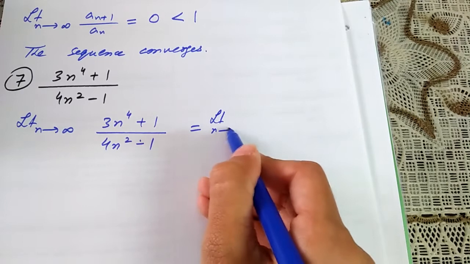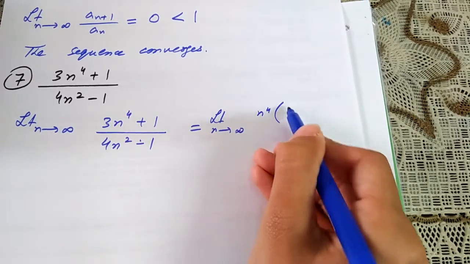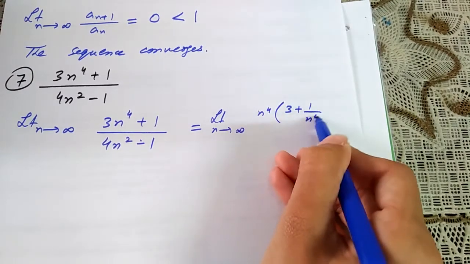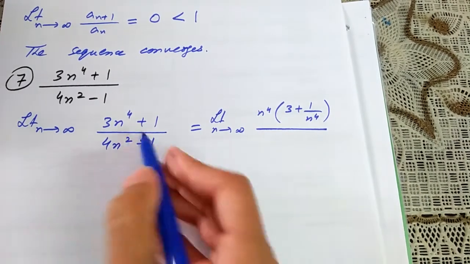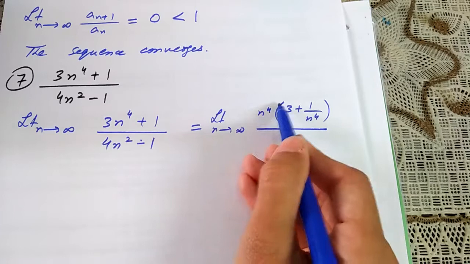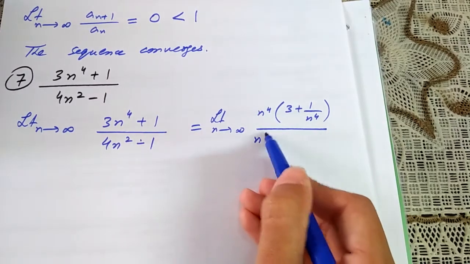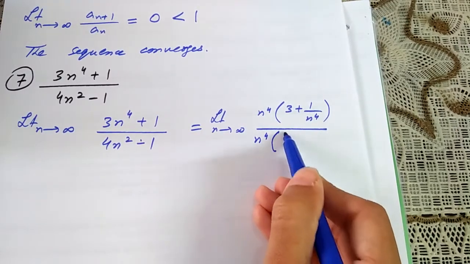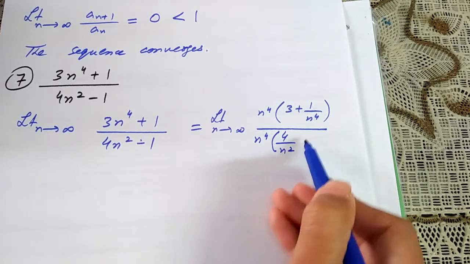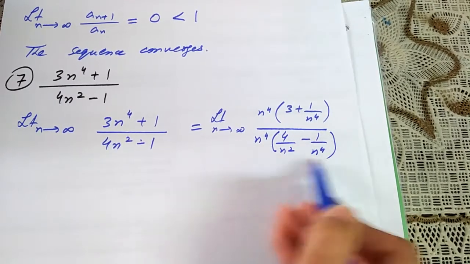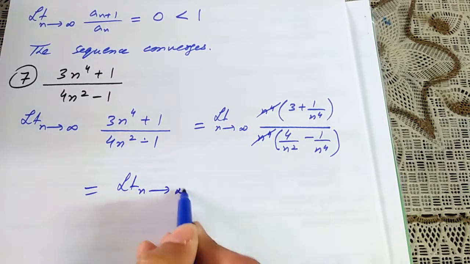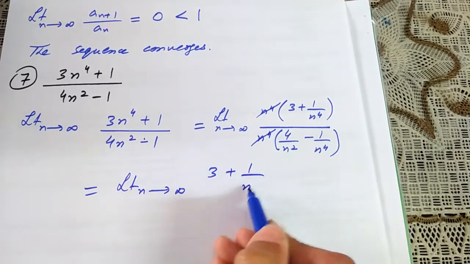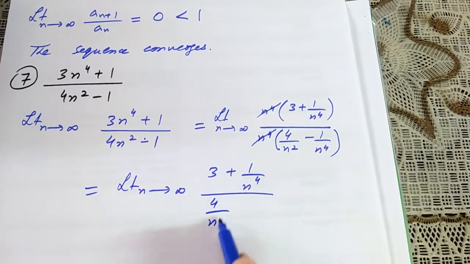So limit n approaches to infinity, n4, I will be left with 3 plus 1 over n4 divided by, take n4 common so that I can cancel it with this n4. Taking n4 common, I will get here 4 over n square minus 1 over n4, like this. It can be cancelled now. So I will be left with limit n approaches to infinity, 3 plus 1 over n4 over 4 over n square minus 1 over n4.